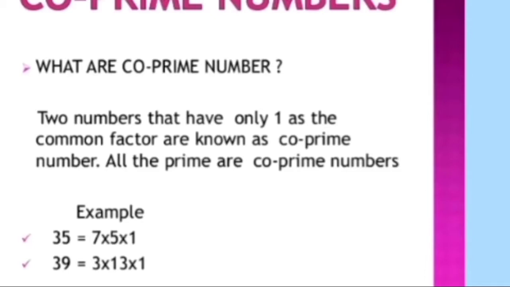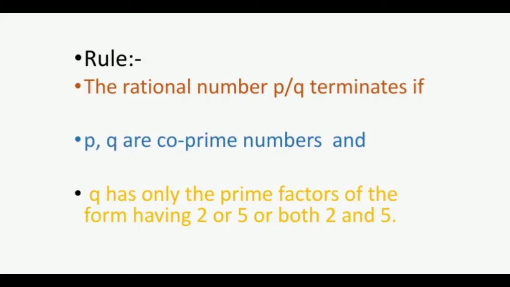Coprime numbers are the numbers which have 1 as their HCF, as you can see in this slide. Or in other words, numbers having only 1 as their common factor are called coprime numbers. And the denominator q has only prime factors of the form 2 or 5 or both 2 and 5.